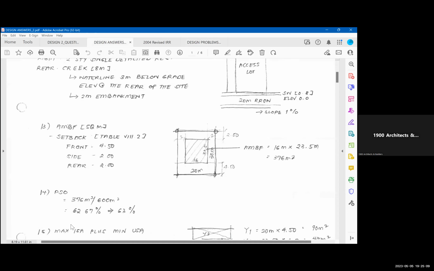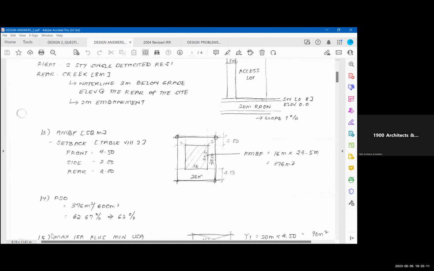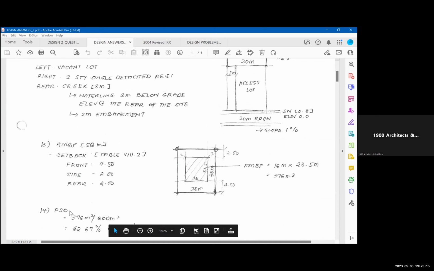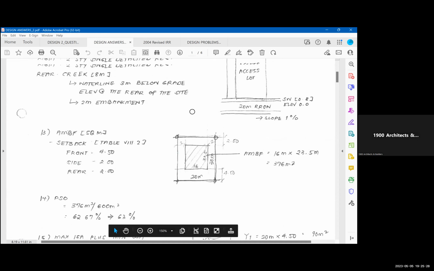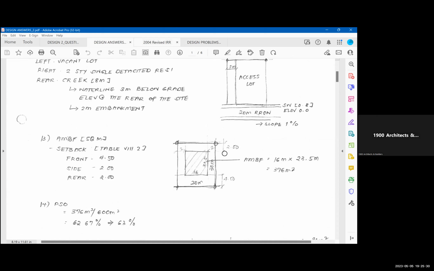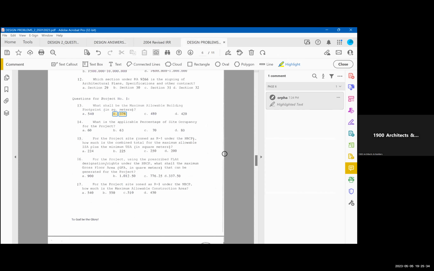So, from the AMBF, PSO is AMBF over the TLA. So, nakuha natin yung AMBF, which is 376 square meters over 600 square meters. So, ang total niya is 62.67%, which is wala namang 62.67% dun sa ating pagpipilian. So, the nearest one, which is 63%. So, it's letter B.